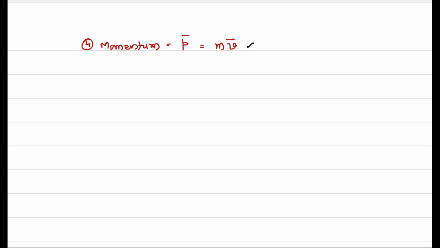And what is force? Force is a vector. It is the rate of change of momentum. That is m into dV by dt. Can I write it as m into dV by ds into ds by dt?